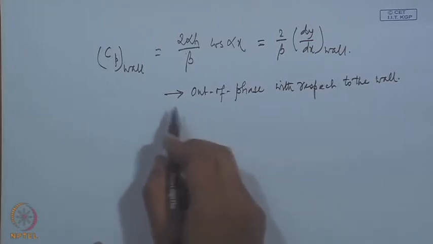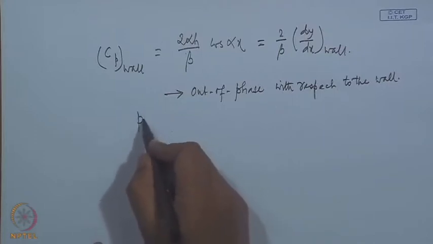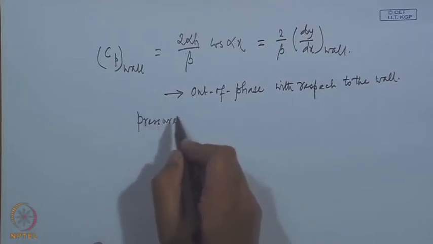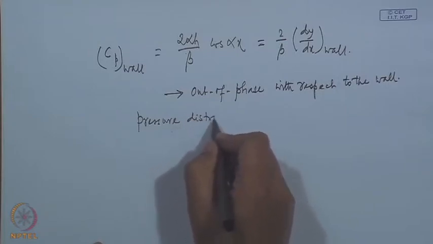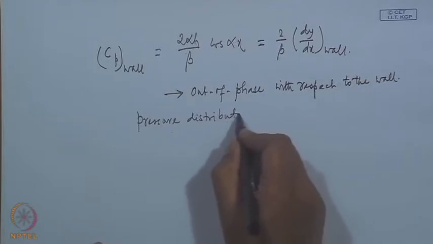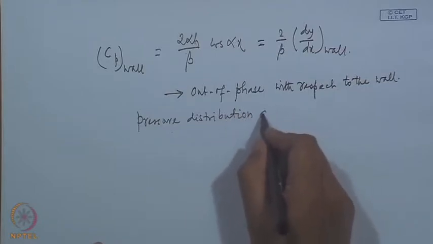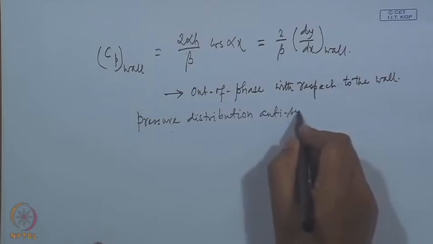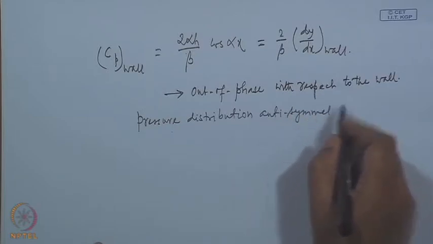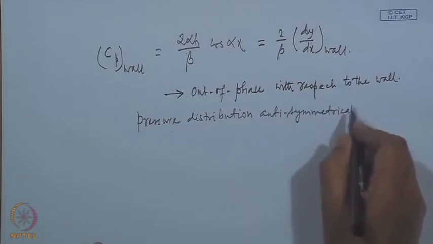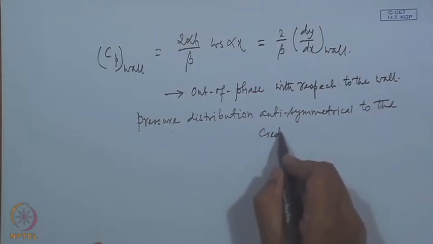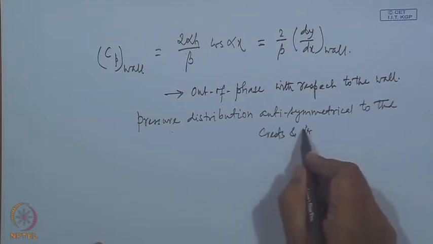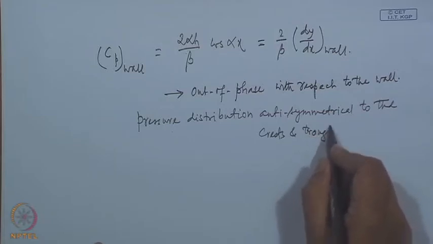So, we have a pressure distribution antisymmetrical to the crests and troughs of the wall.